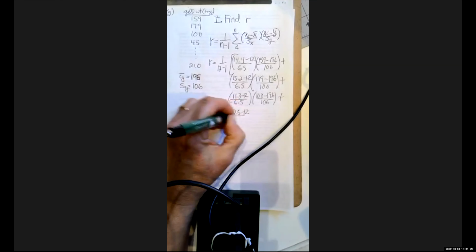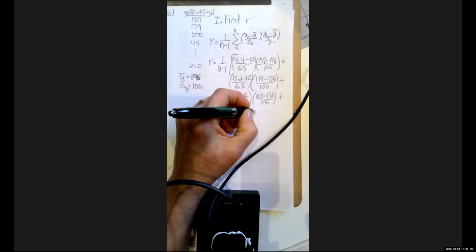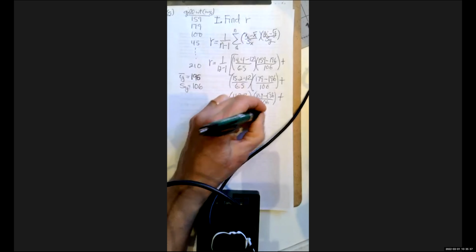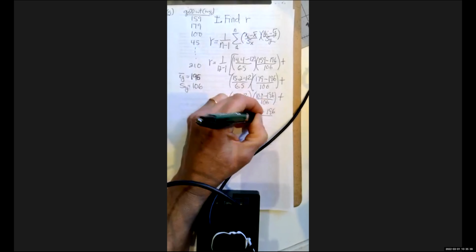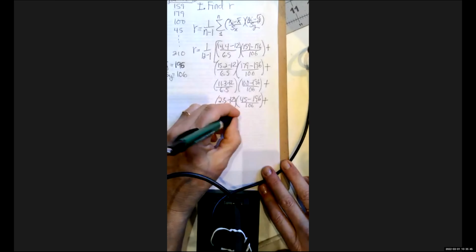2.5 minus 12 divided by 6.5, quantity times 45 minus 196 divided by 106 plus, I'm going to do some dots here.